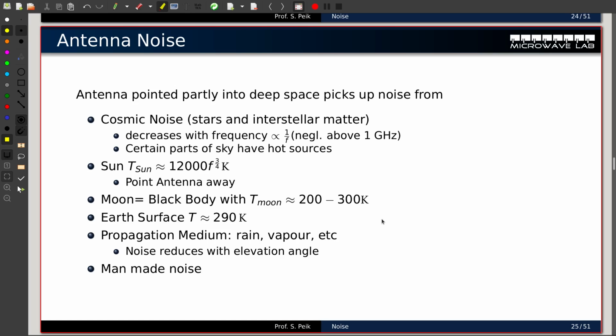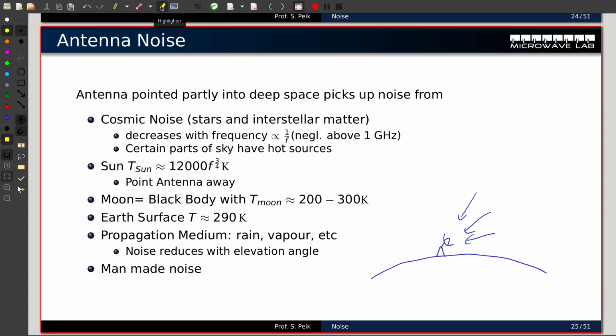When the antenna is pointing at the sky, let's say this is my Earth, I have my antenna here, pointing in the sky, then it gets noise from other sources, and those sources are various. Most important is noise coming from the sun, because the sun is so hot, you receive lots of noise from it.